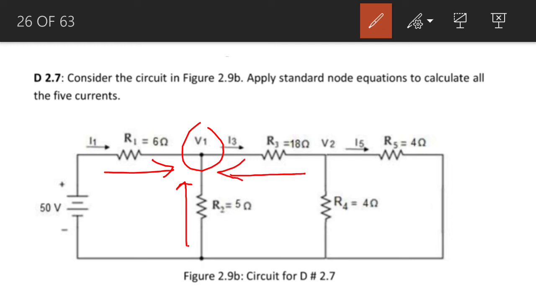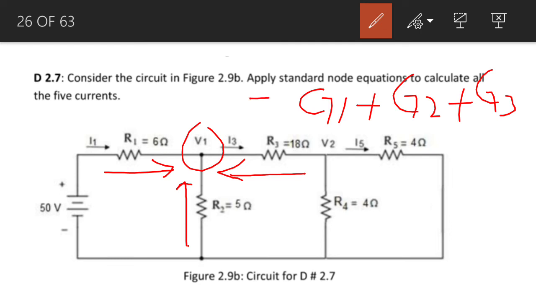So we calculate the conductance of R1, which is represented by G1. We calculate the conductance of R2, which is represented by G2. We calculate the conductance of R3, which is represented by G3. And we take the sum of all the conductances which have been connected to the first node, and that sum is represented by G11.